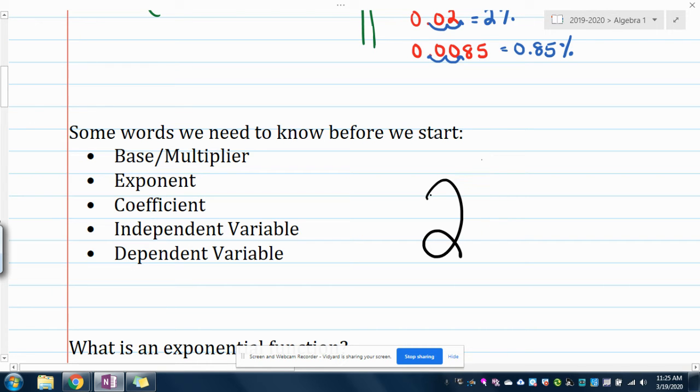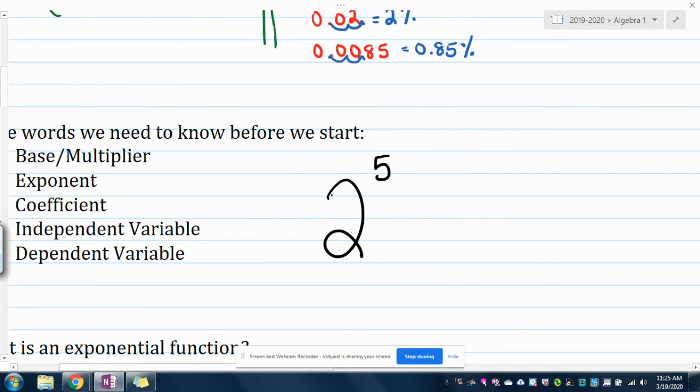Or let's go 2 to the 5th power. 2 to the 5th power is the same thing as me saying 2 times 2 times 2 times 2 times 2, 5 times. Because of that 5 right there, right? So I have 2, 5 times. So you are multiplying each and every single one of these.